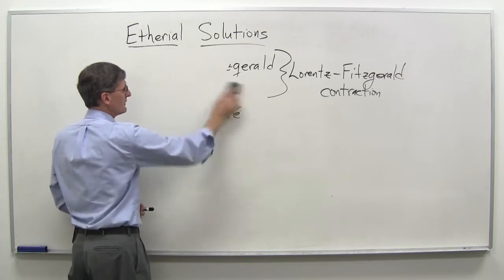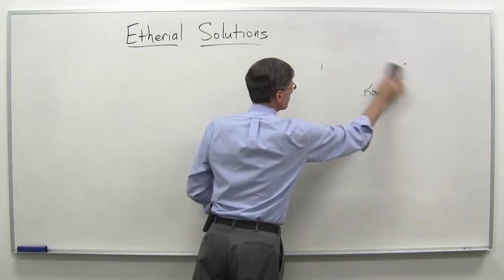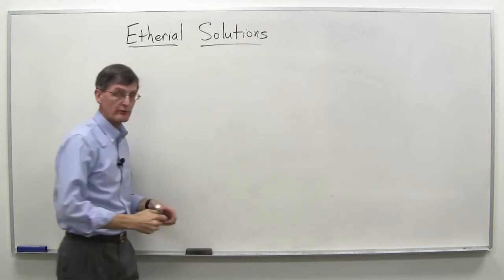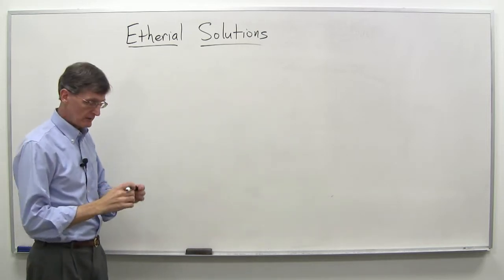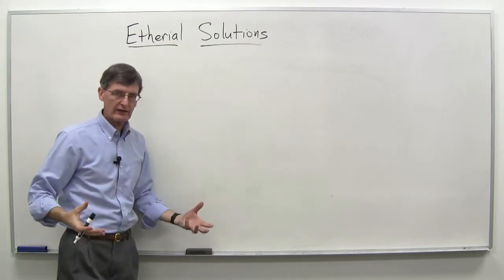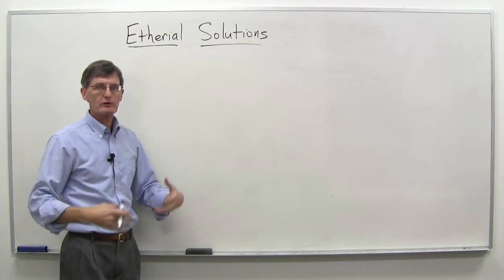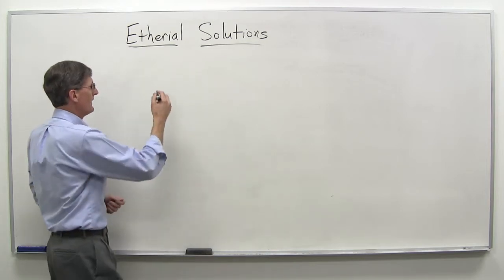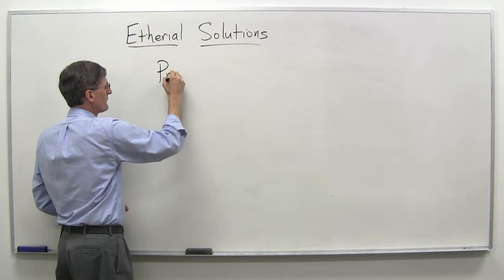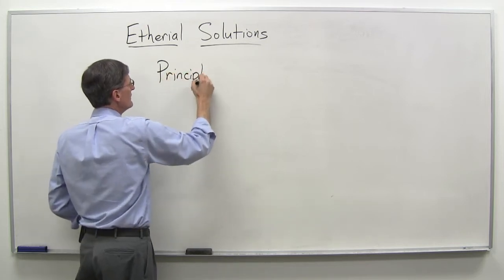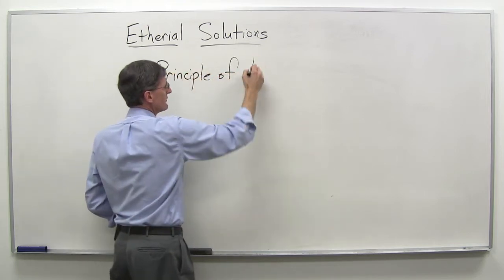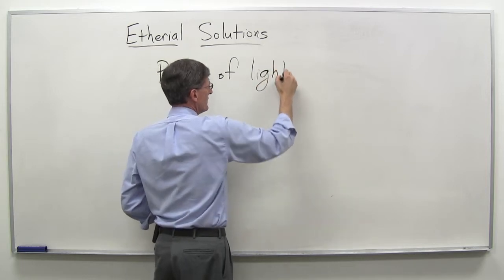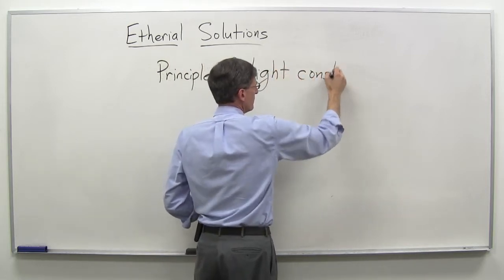Well, we've talked about his two principles or two postulates. So let's go back to them now that we have a better understanding, especially of how waves work and how light works, hopefully. And let's think about the principle of light constancy.